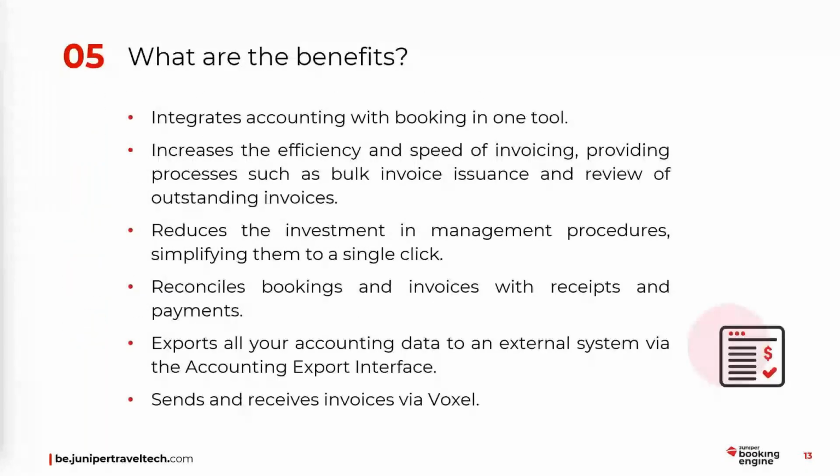Using the Juniper Accounting module, you can integrate accounting with the system through a single centralized tool, increase the efficiency and speed of invoicing, facilitating processes such as bulk invoice issuance and review of outstanding invoices, reduce the investment in management procedures, simplifying them to a single click, reconcile bookings and invoices with receipts and payments, export all your accounting data to an external system via the accounting export interface, and send and receive invoices via Voxel.